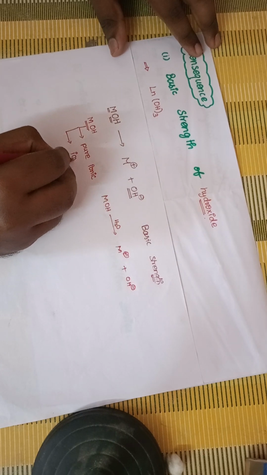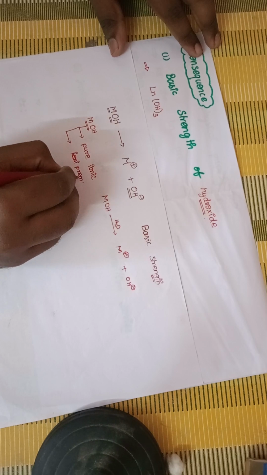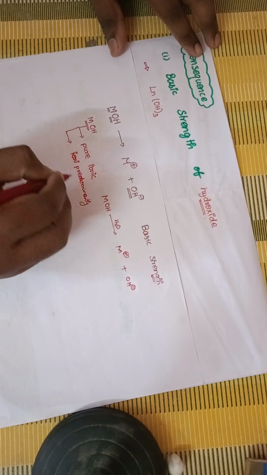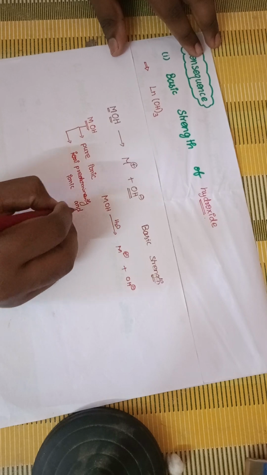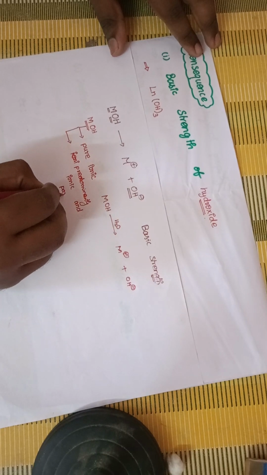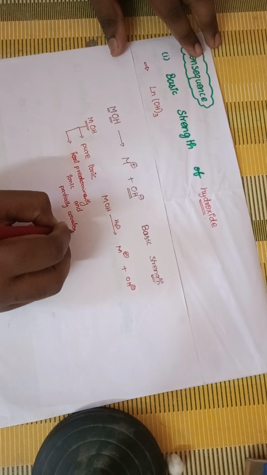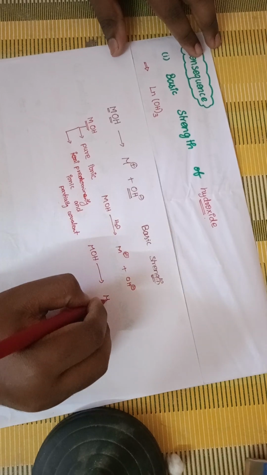If the bond is predominantly ionic and partially covalent, MOH will also produce M plus and OH minus.